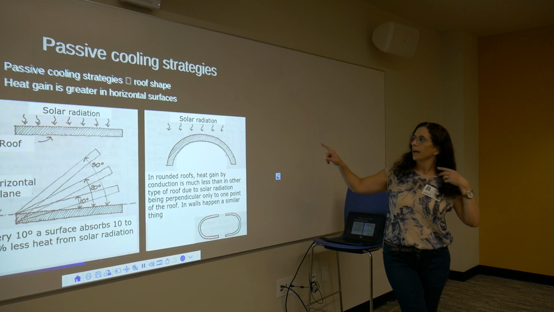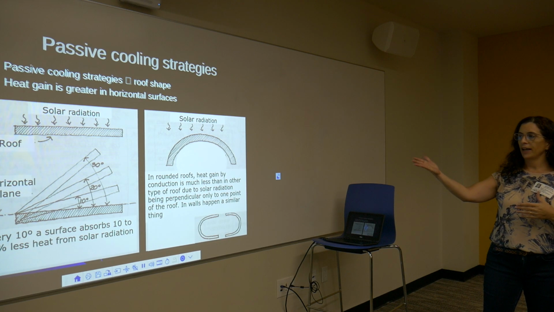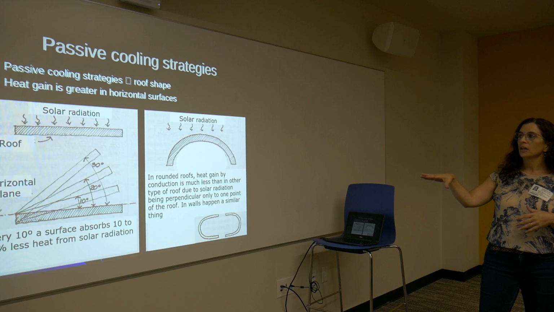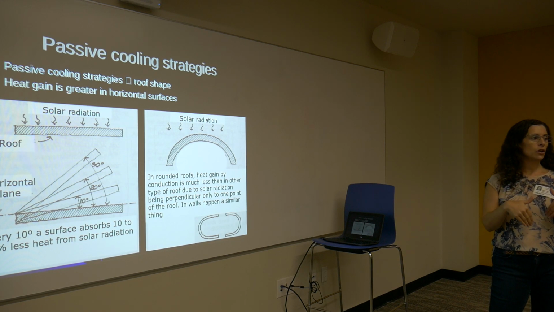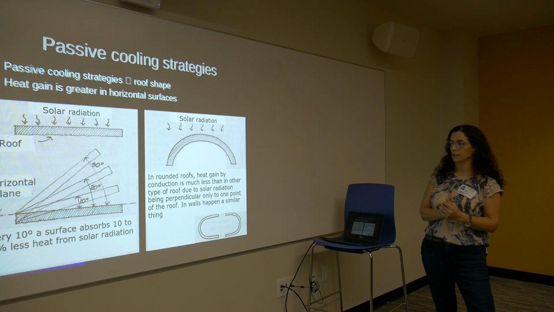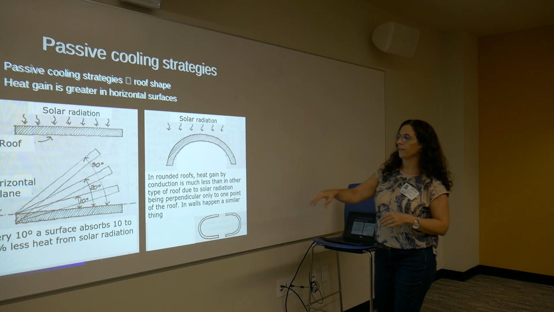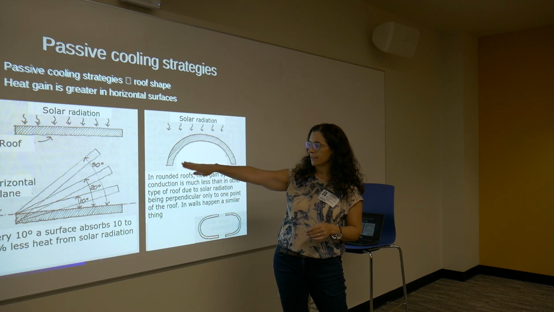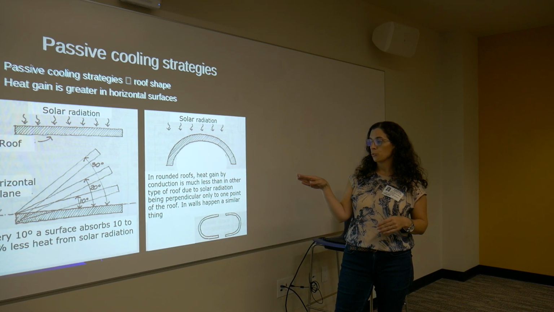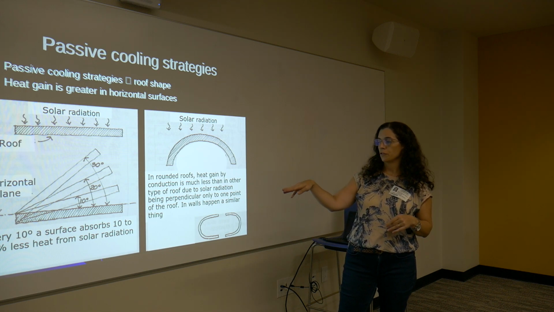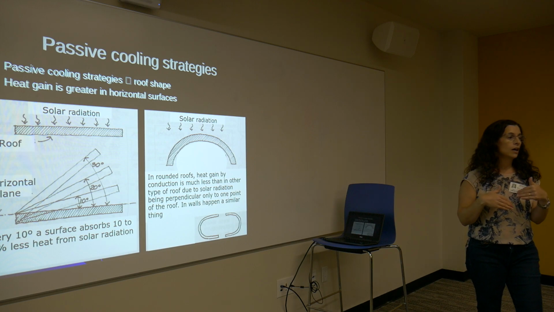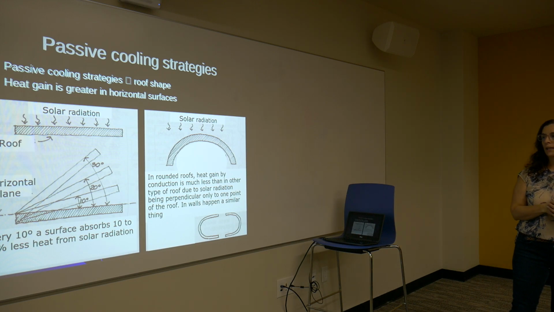So this is how you can take advantage of the roof shape and inclination, in this case in Austin, to have less solar radiation influence. For example, every 10 degrees that you lift your roof, you will have 10 to 15% less heat from solar radiation. It's just because of the angle at which the sun is hitting.